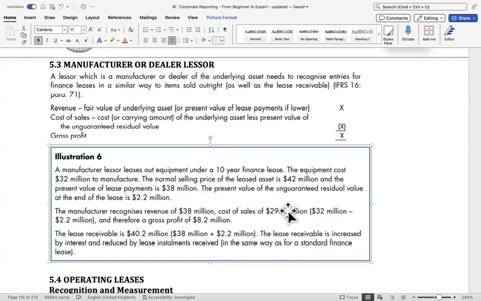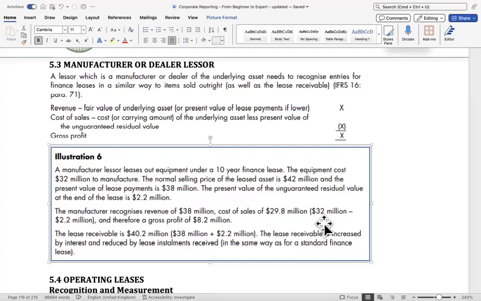The cost of sales is the cost of the asset minus the unguaranteed residual value. The cost of the asset is 32 million. In the second sentence, in this illustration 6, the cost of the asset is 32 million. In the last sentence of the first paragraph, the present value of the unguaranteed residual value is 2.2 million.